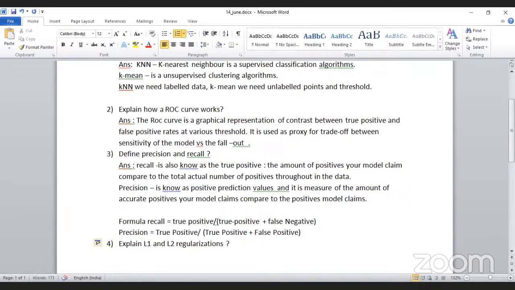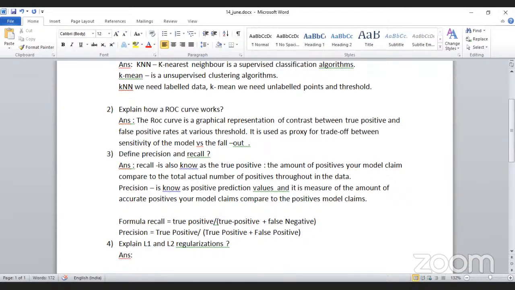What are the L1 and L2 regularization techniques? What is L1 and L2? L1 is lasso and L2 is ridge. Okay.